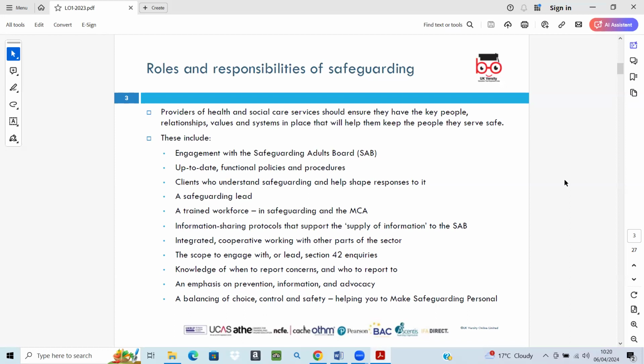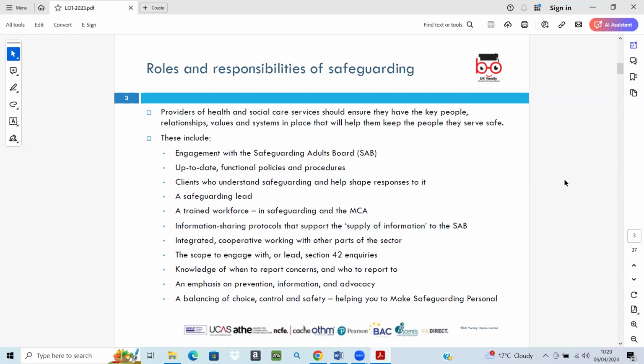Now, the important bit is Section 42, which is under the Care Act 2014. The scope is to engage with or lead Section 42 inquiries.